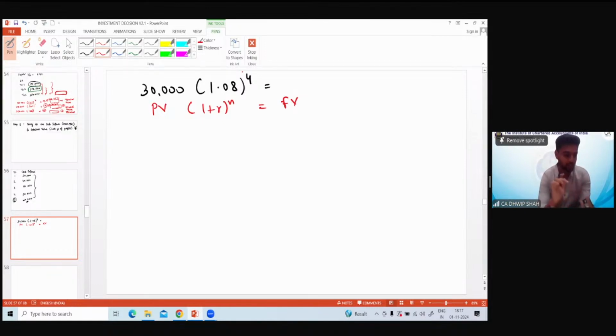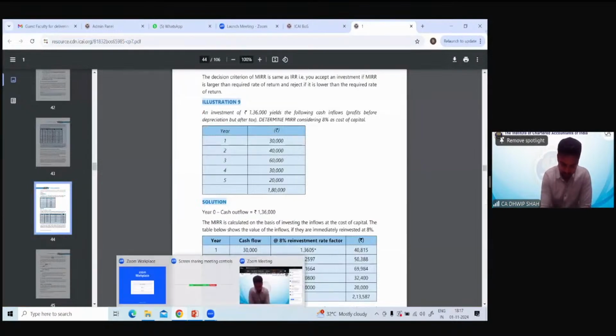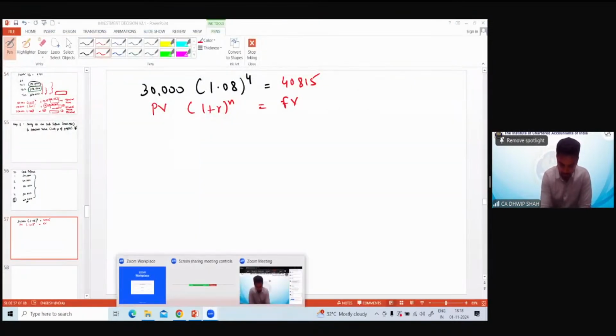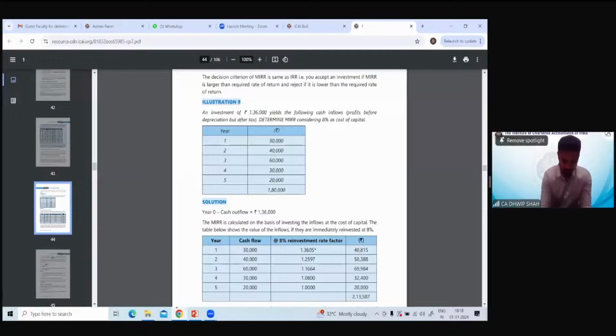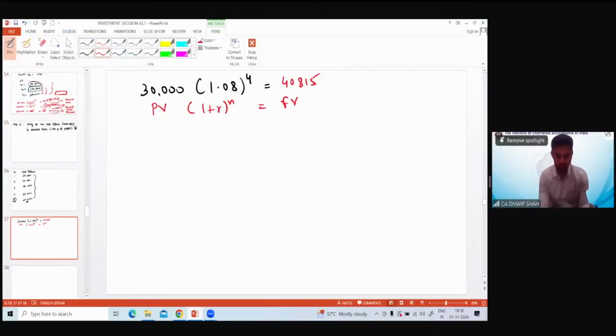Multiply by 30,000. So it comes to 4815. Everyone understood this? Everyone is getting this amount? Yes, correct, Preeti. How to do it in the calculator? This was taught to you at the CA Foundation level, but again I will repeat.